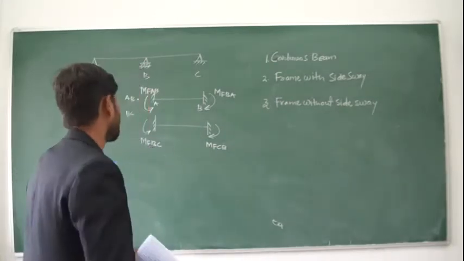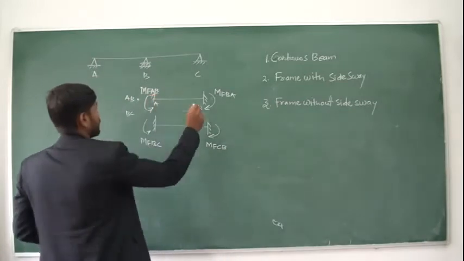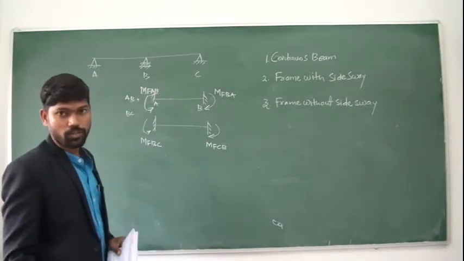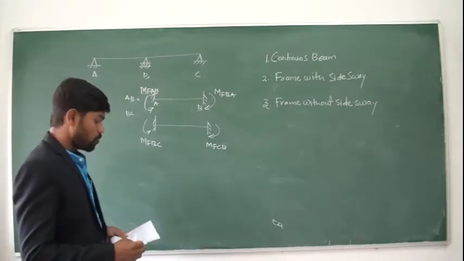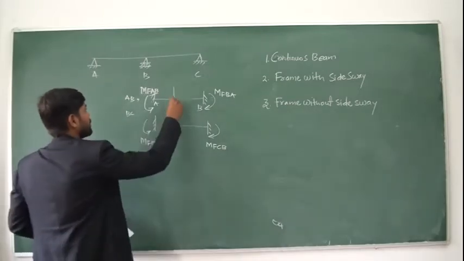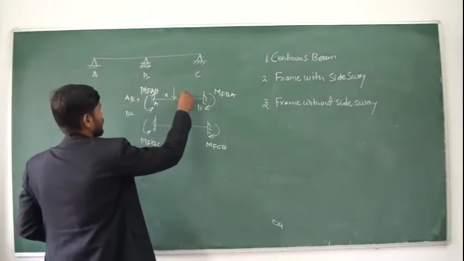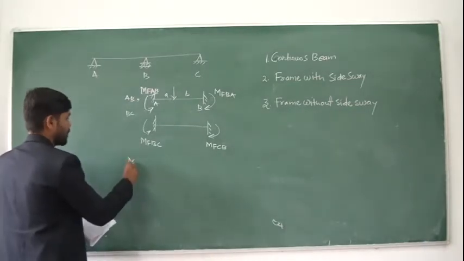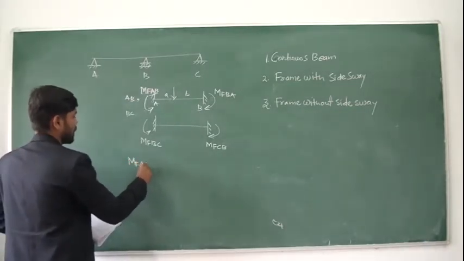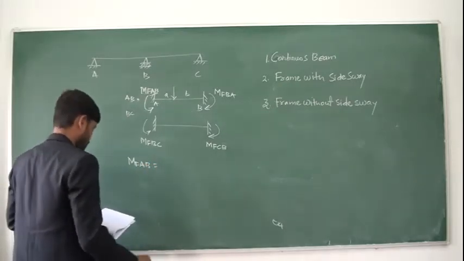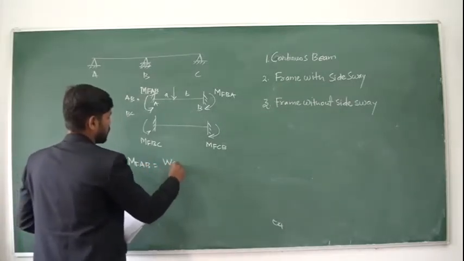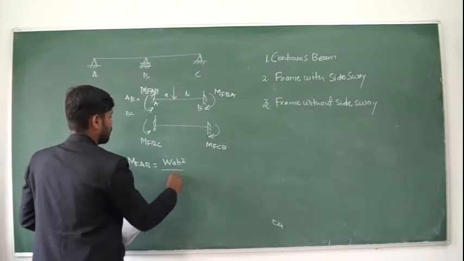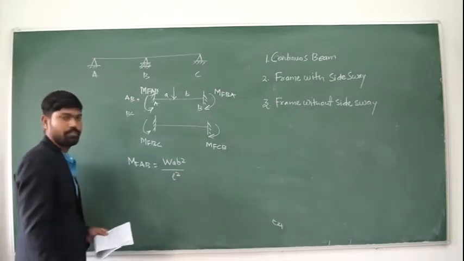So similarly there are some formulas to find out the fixed end moment for the different loading conditions. Okay. Now suppose a point load is there in between. This is A and this is B. Suppose the point load is there. Then fixed end moment MFAB is calculated as WAB square divided by L square.